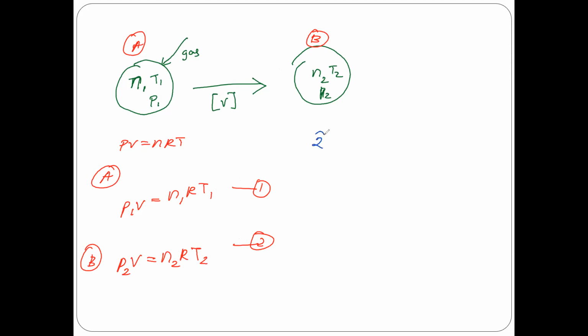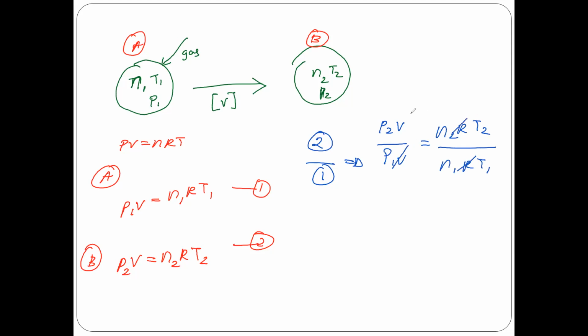So divide equation 2 by equation 1. You can write P2 V divided by P1 V equals N2 R T2 divided by N1 R T1. So R and R will cancel, V and V will cancel.